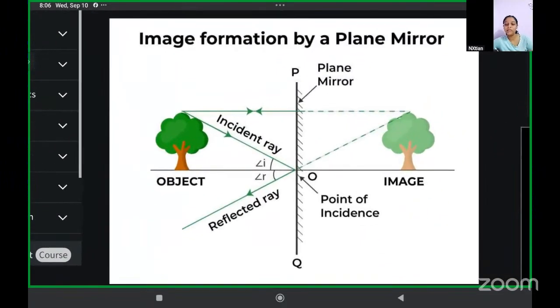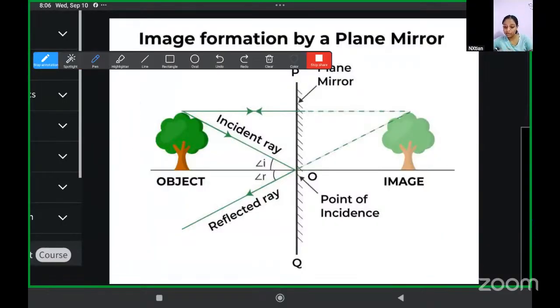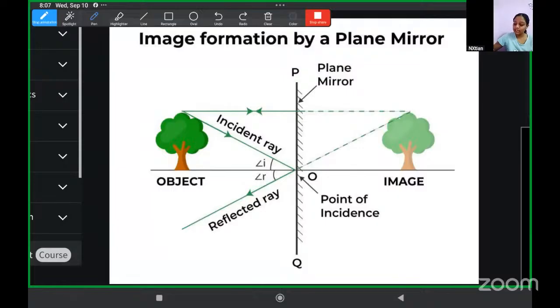Can you see in the diagram that the incident ray is falling? The plane mirror is there at the center. The incident ray is falling, and the reflected ray is falling back.